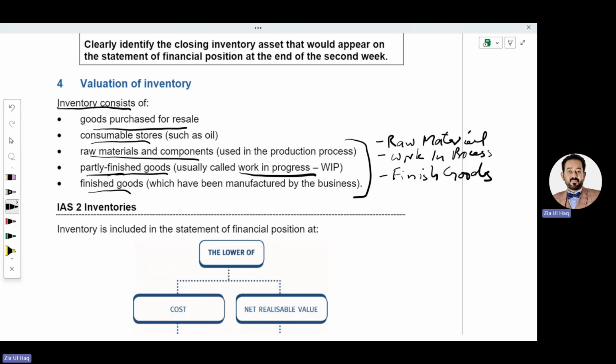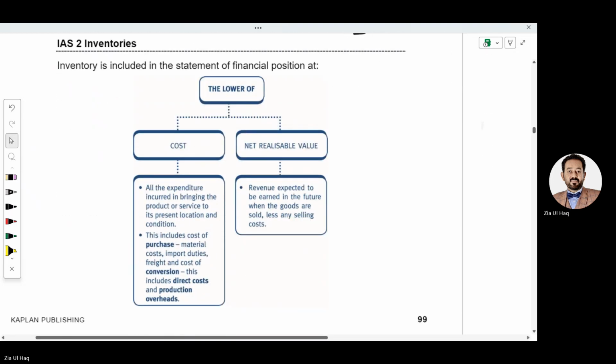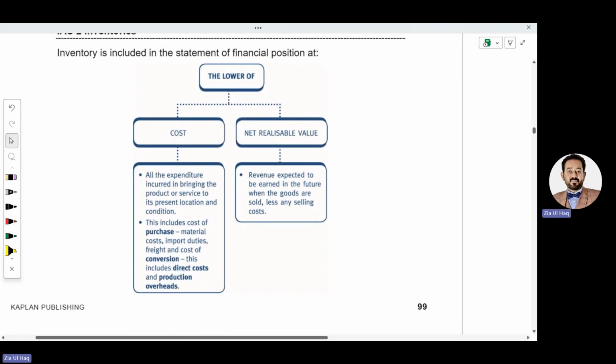And goods purchased for resale that we sell as it is to the customer will be part of inventory. Any consumable items for the business, like oils, will also be a part of inventory. The inventory should be recorded at the lower of cost and NRV. NRV stands for net realizable value.